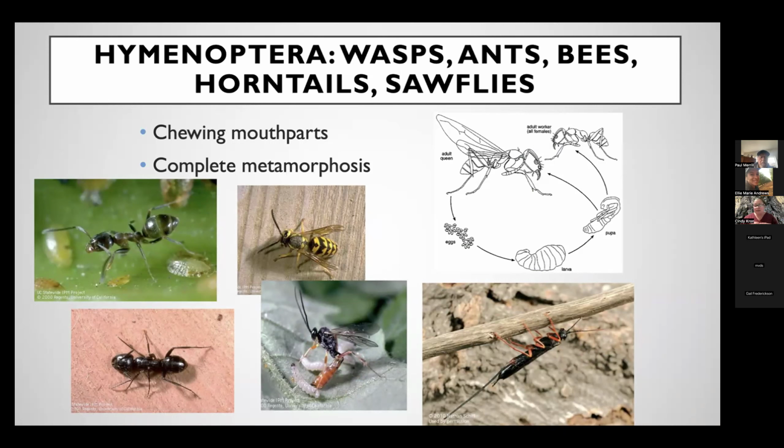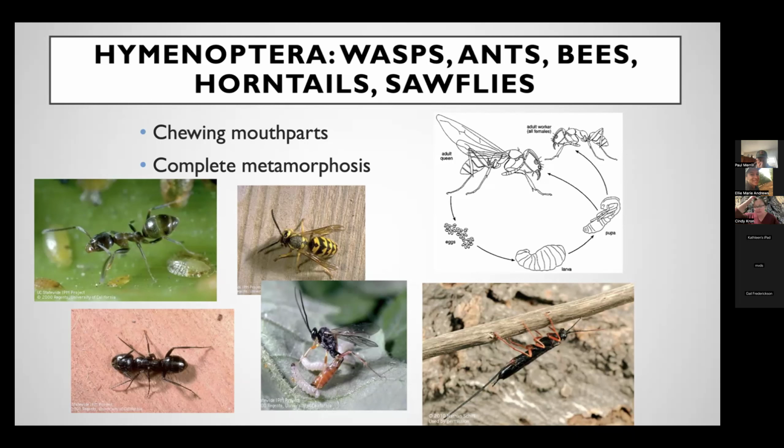Ants are communal species, so it's not the same. Every larva doesn't become the same role within the ant commune. So it becomes a little bit more complicated, more than what we really need to cover in this class.